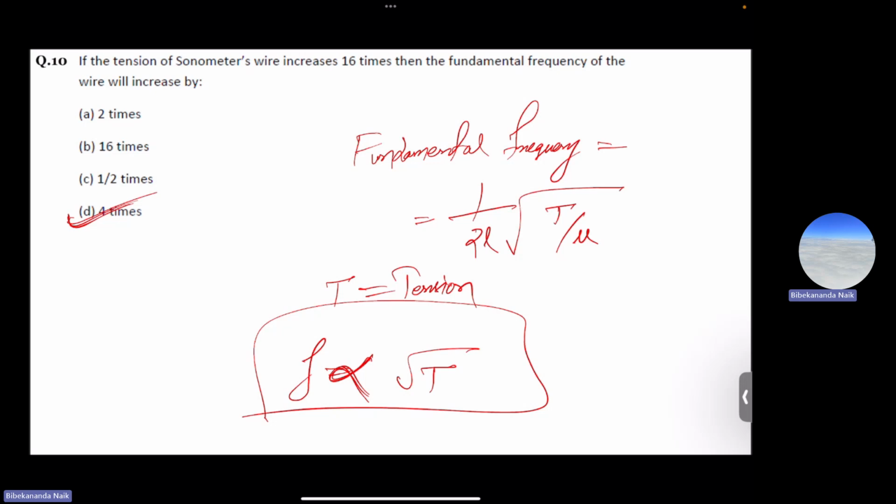So what do you mean by fundamental frequency? It is also called the first harmonic. The fundamental frequency is the lowest frequency at which the string vibrates. Since the frequency is lowest, its wavelength will be maximum.